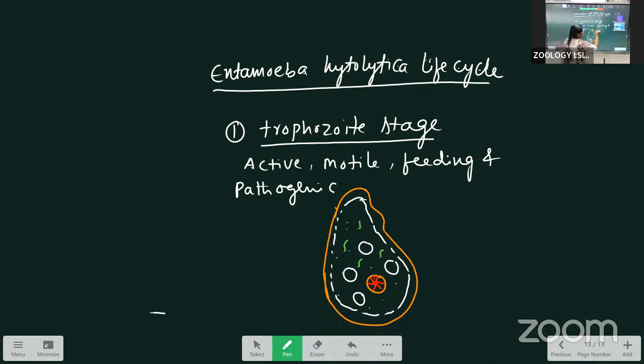This is called a lobopodia, meaning the pseudopodium is a finger-like structure. It is useful for locomotion. Same as an amoeba, here also the outer side is covered by the plasma membrane.